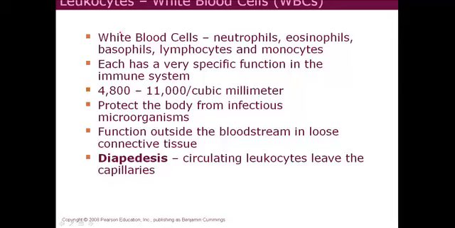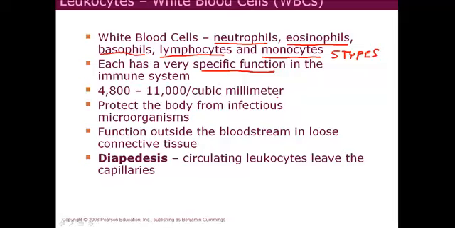So moving on to white blood cells, we have different types. The white blood cells are neutrophils, eosinophils, basophils, lymphocytes, and monocytes. So there are 5 types. Each has a very specific function in the immune system.